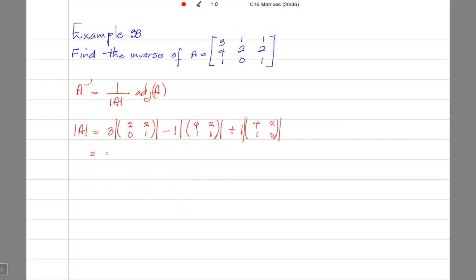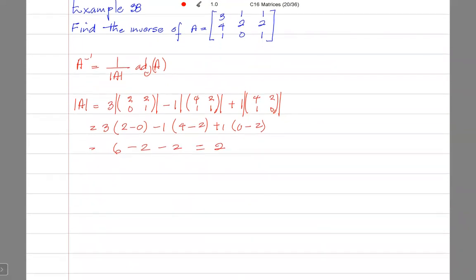This is equal to 3 into 2 minus 0, minus 1 into 4 minus 2, plus 1 into 0 minus 2. This is 6 minus 2 minus 2. So it looks as if the determinant here is 2.